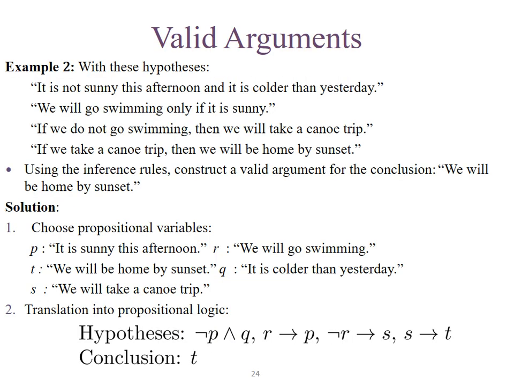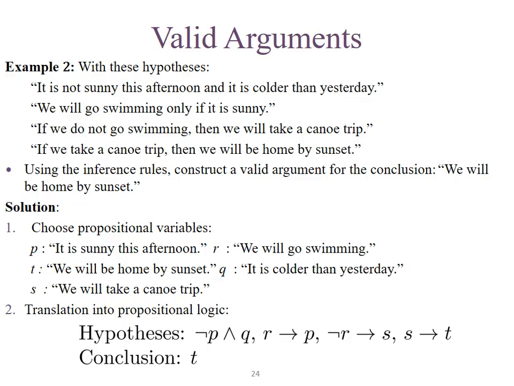All right, next let's see another example. So let's see, it's not sunny this afternoon and it is colder than yesterday. So this is the first premise. Then we will go swimming only if it's sunny. So what's "only if"? Okay, so you can see we have "only if" here.